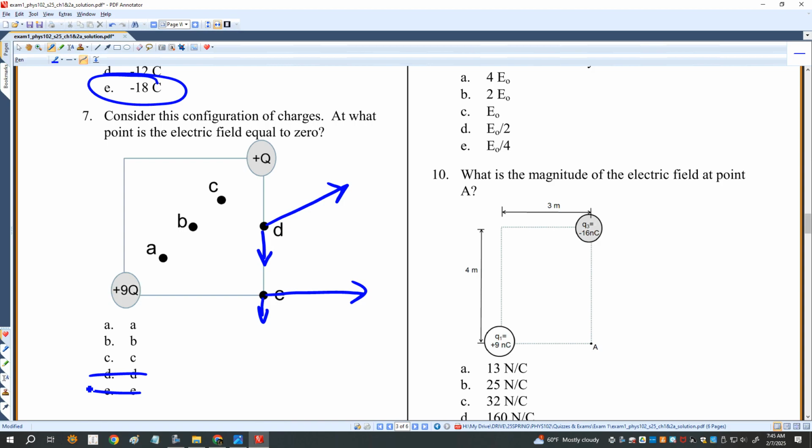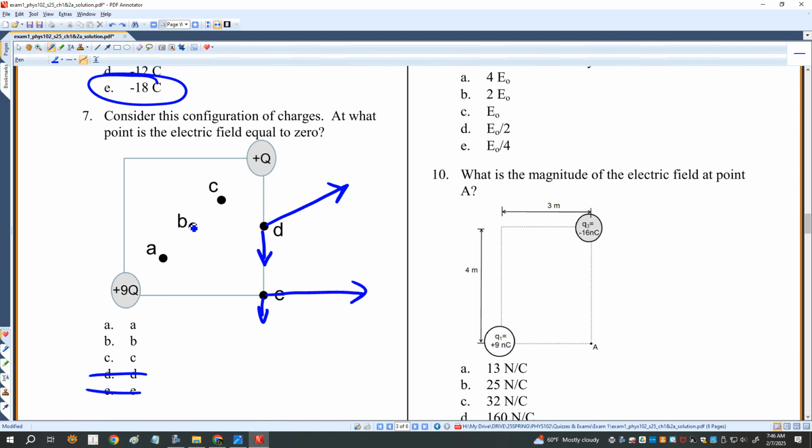But let's look at the others. Let's go with A first. A has an electric field due to the big 9 coulomb charge in that direction, and due to the Q, which is a smaller charge and farther away, it's going to be in that direction. So those cannot be 0.